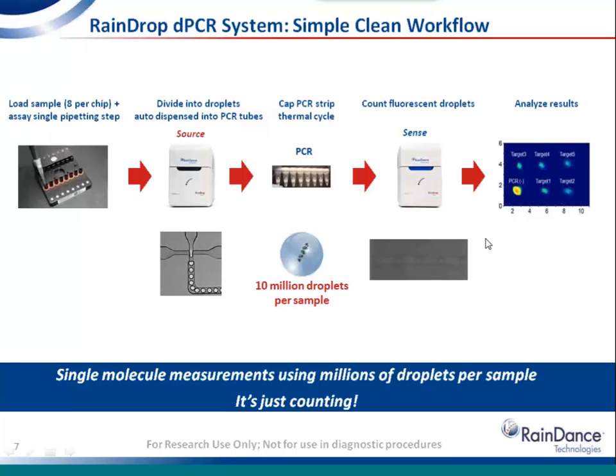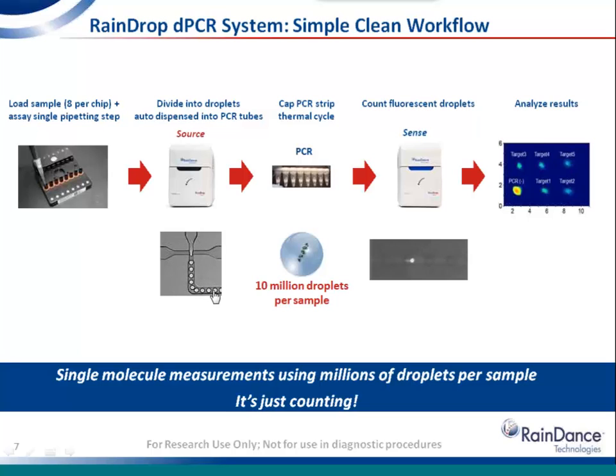The key to this process is taking the sample and forming droplets with precise volumes of 5 picoliters. For example, if you pipette 50 microliters into the well on the chip, that sample is divided into 10 million droplets. 50 microliters divided by 5 picoliters.